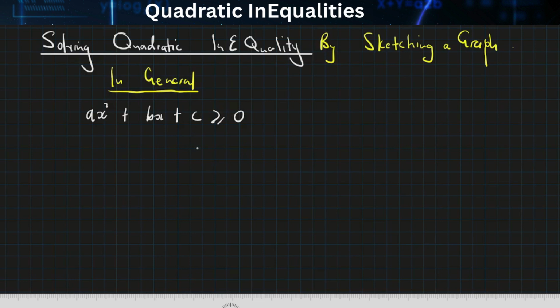So they are not quadratic equations because they have an inequality symbol here. That's why they are quadratic inequalities. So how do we solve them? Let's start with example 1.